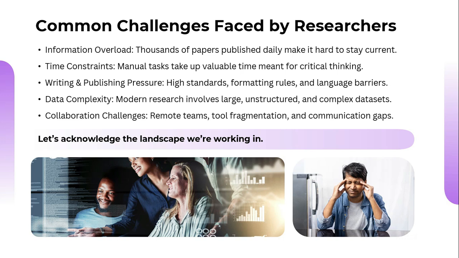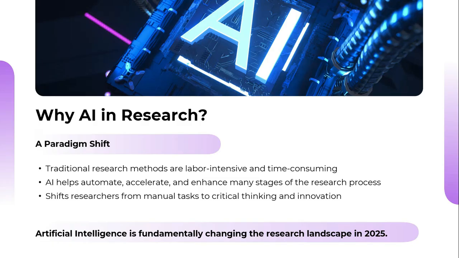But in 2025, we have been very fortunate, right? AI has been booming to a great level, and we have a paradigm shift there. Traditional research methods, which were labor intensive and time consuming in earlier days, can now be done within a very short span of time, right?